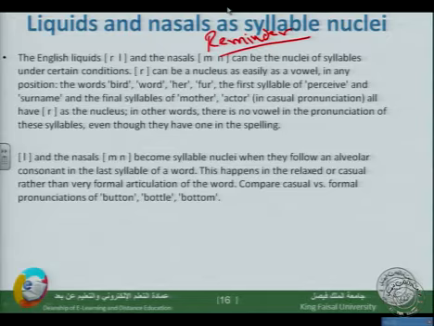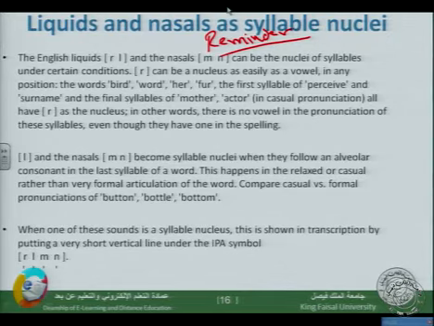Also, L, M, and N become syllable nuclei when they follow an alveolar consonant in the last syllable of the word. This happens in relaxed or casual rather than formal articulation of the word. For example, we have button, bottle, and bottom. When one of these sounds is a syllable nucleus, this is shown in a transcription by putting a very short vertical line under the IPA symbol.